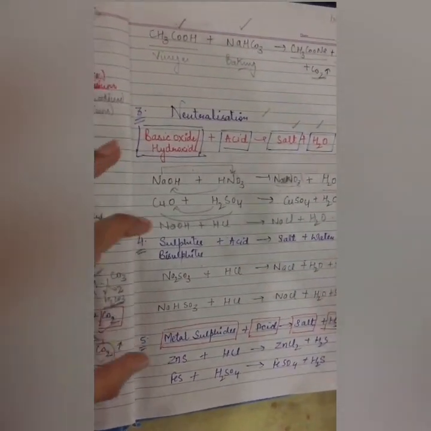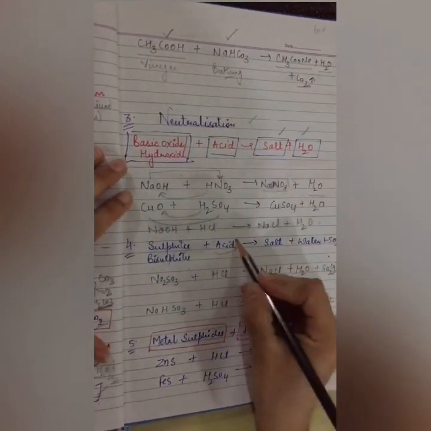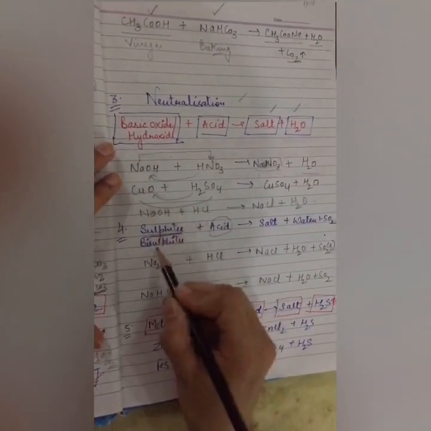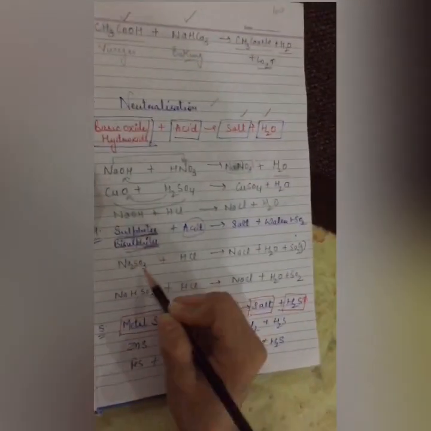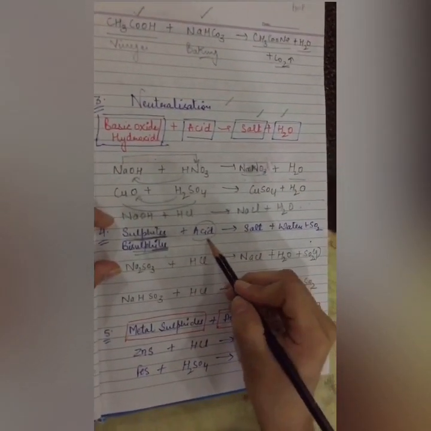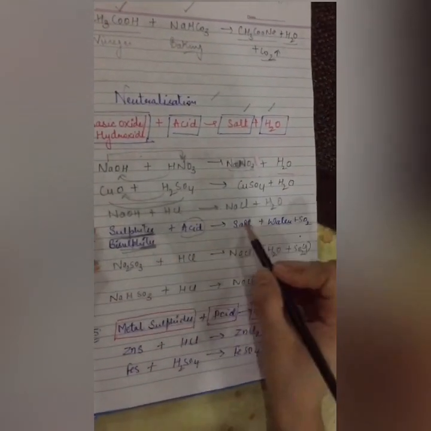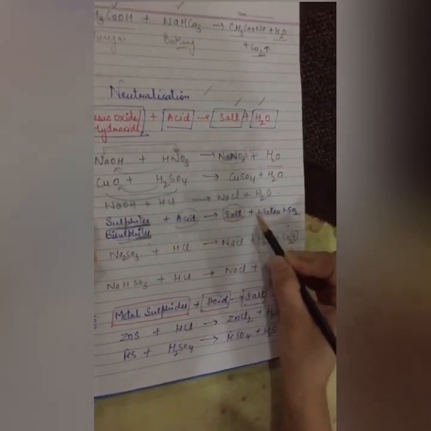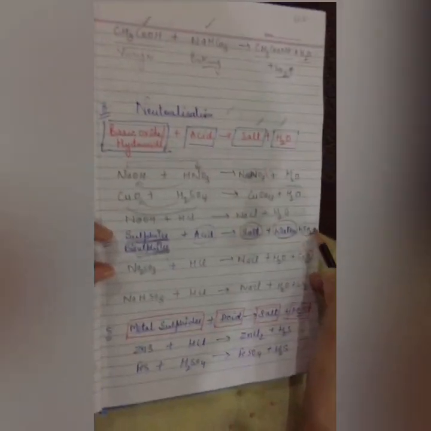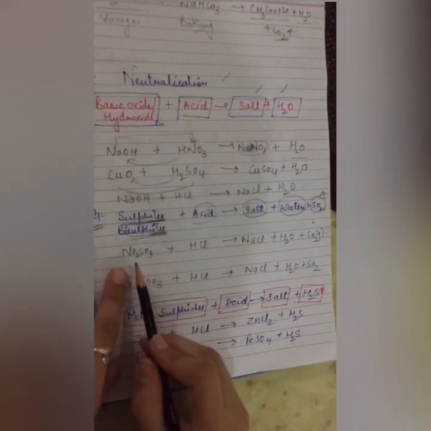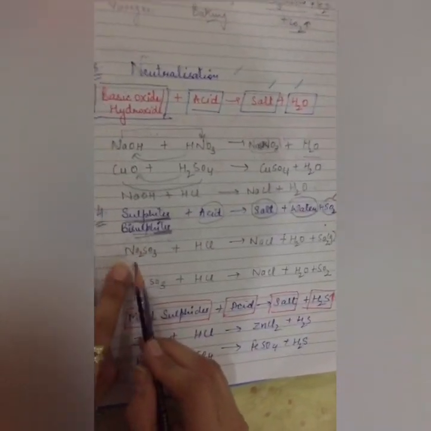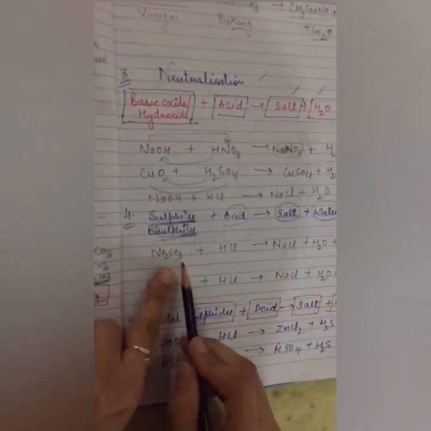Next, when we react acids with sulfites or bisulfites, keep this in mind, it is sulfite, SO3. When we react an acid with a sulfite or bisulfite, it will give salt, water, and sulfur dioxide gas is evolved. Take the metal sulfite Na2SO3.